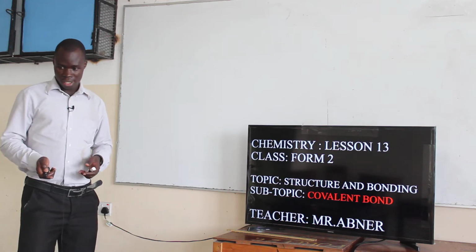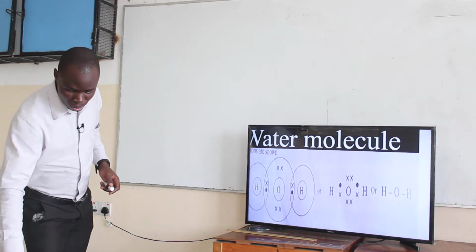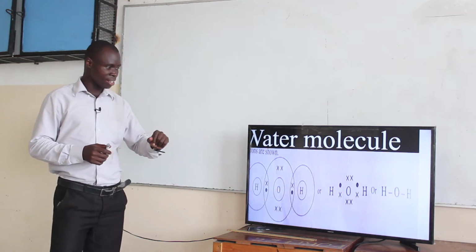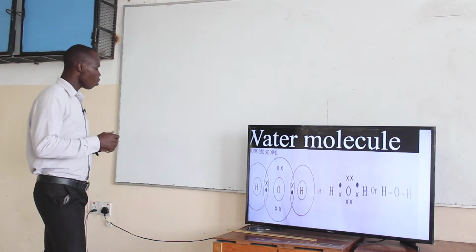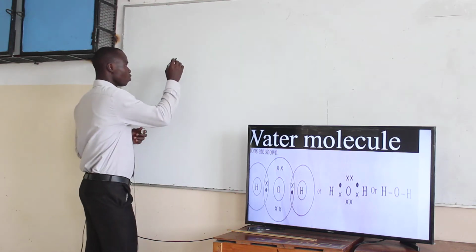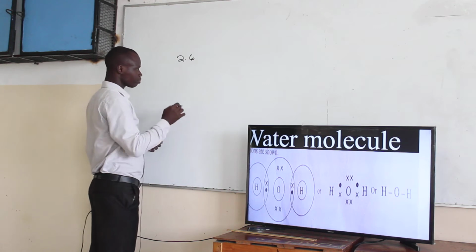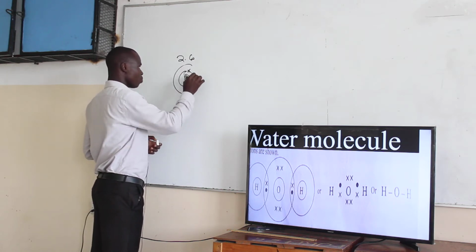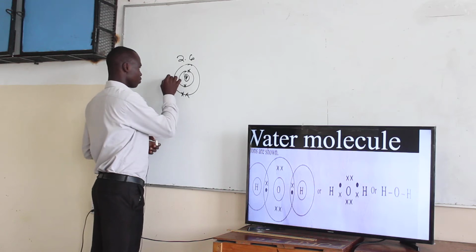Now, there's something which might be giving you problems: how we come up with these electrons here. So I want to show you how we come up with, for example, oxygen. You know that oxygen is 2,6. Like that, we have 2, then we have 6.